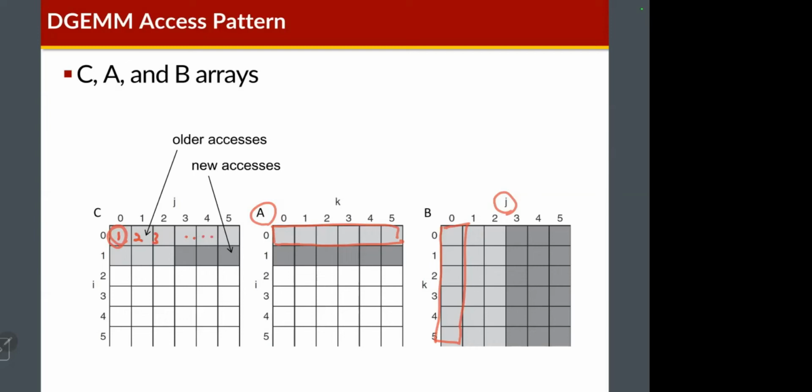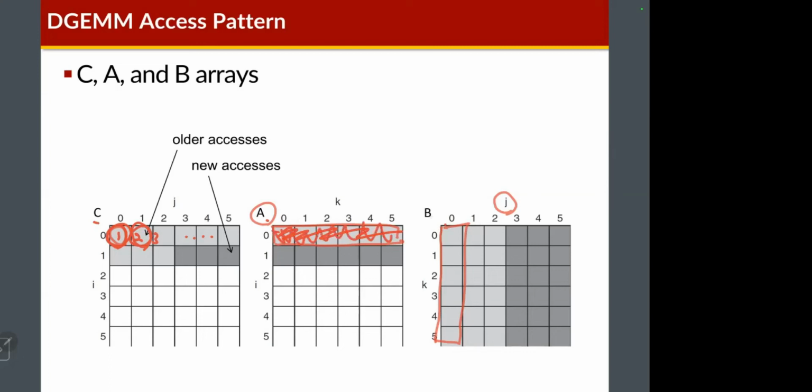In order to calculate the first element, we require the data: the first row from matrix A, and the first column in matrix B. Then in order to calculate the second element of matrix C, we require the first row also, okay?